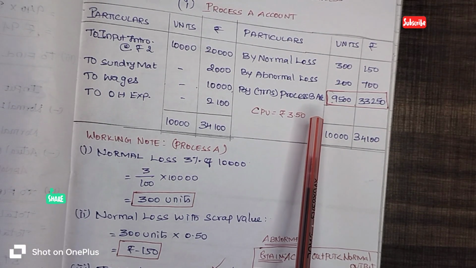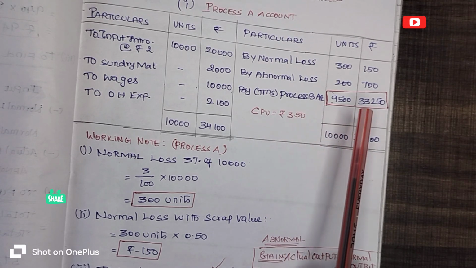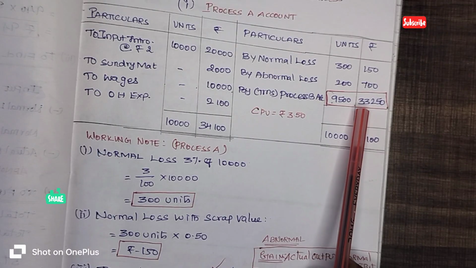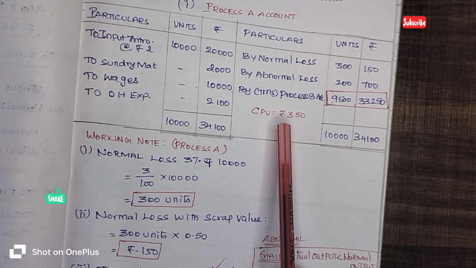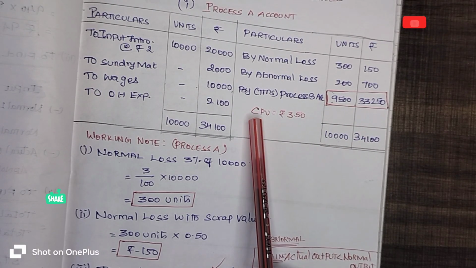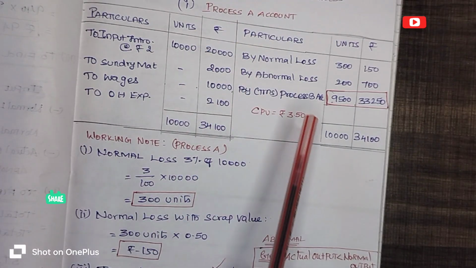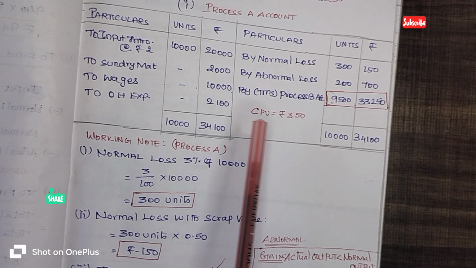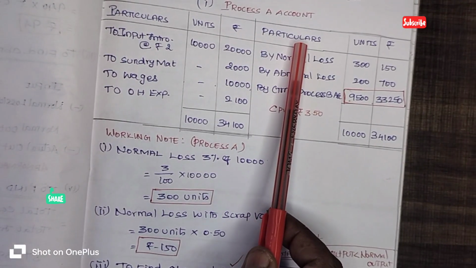Now if you need to find the cost per unit, it is very easy: total cost divided by output, that means 33,250 divided by 9,500, and you get the cost per unit for process A's account as 3 rupees 50 paise. We have prepared the process A account.